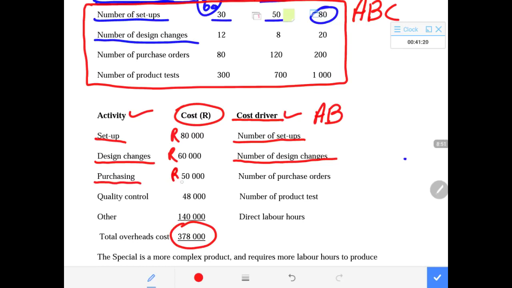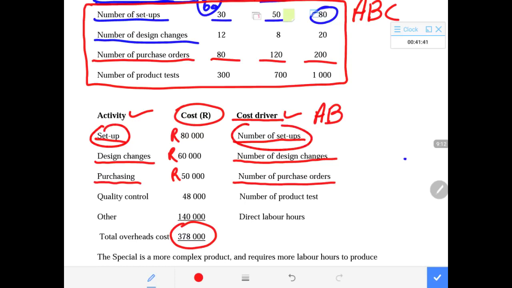Purchasing is the cost of 50,000, and it is based on the number of purchase orders. Obviously, a purchase order does have a cost. To buy something, there is a purchase order. So this will be based on the number of purchase orders, and we do have the number of purchase orders. It was 80, 120, and 200. And also when it comes to setups, the number of setups were given to us.